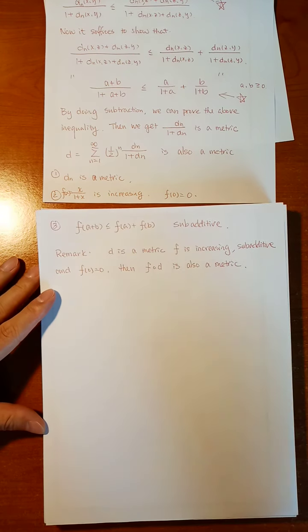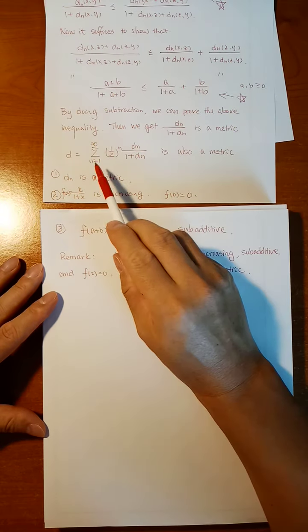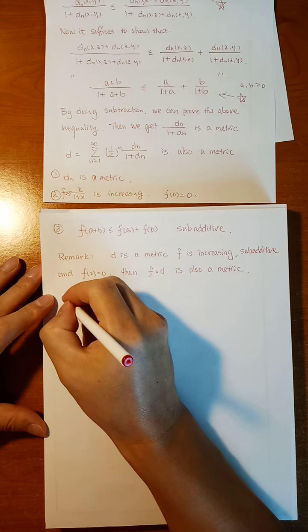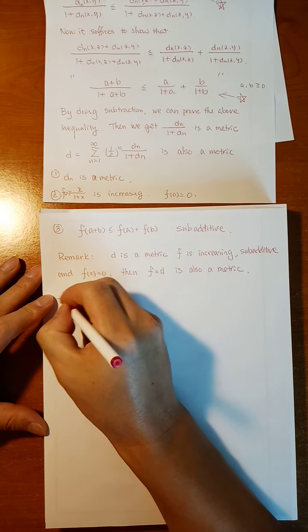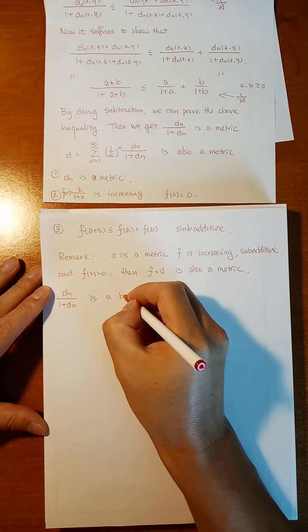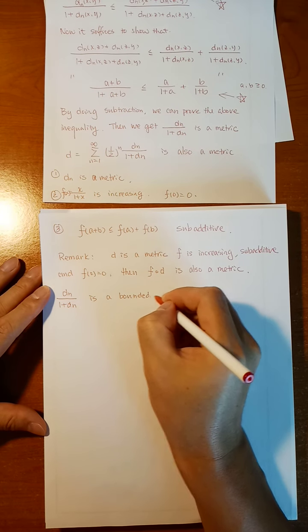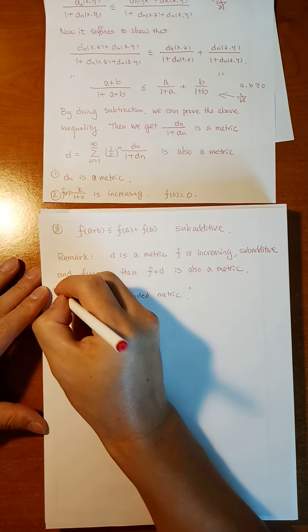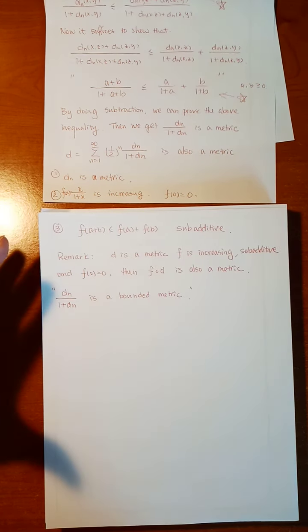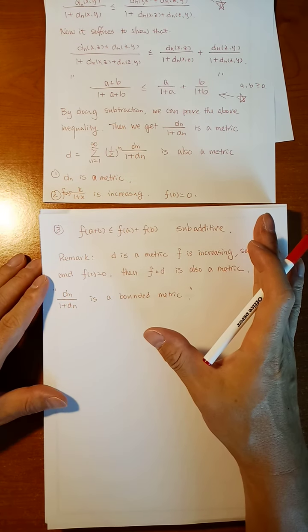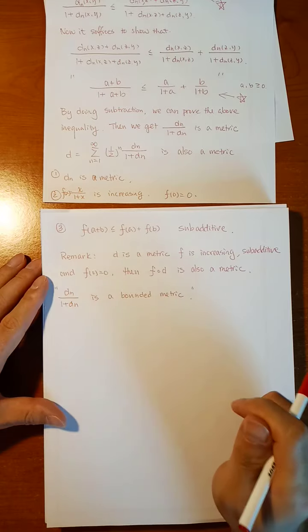Okay, and this function is widely used because dn over 1 plus dn is a bounded metric. Sometimes you want a metric, but you don't want this metric to go to infinity. So you have the original unbounded metric, and apply this function.